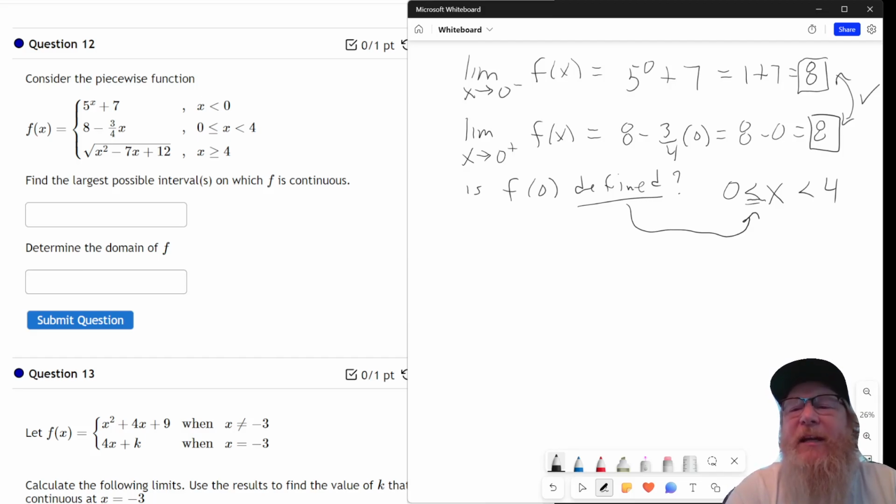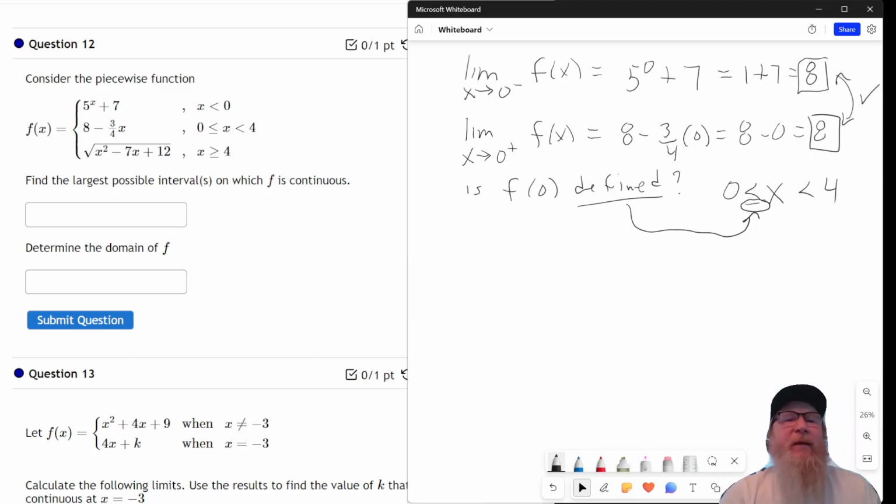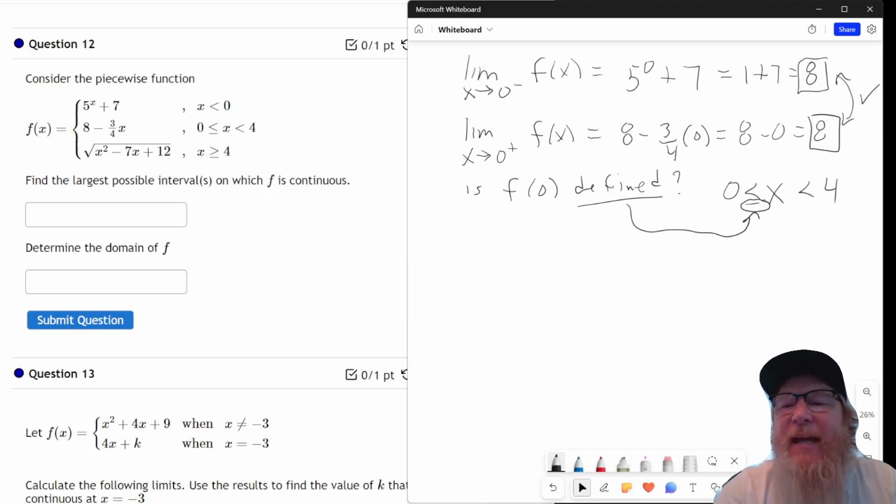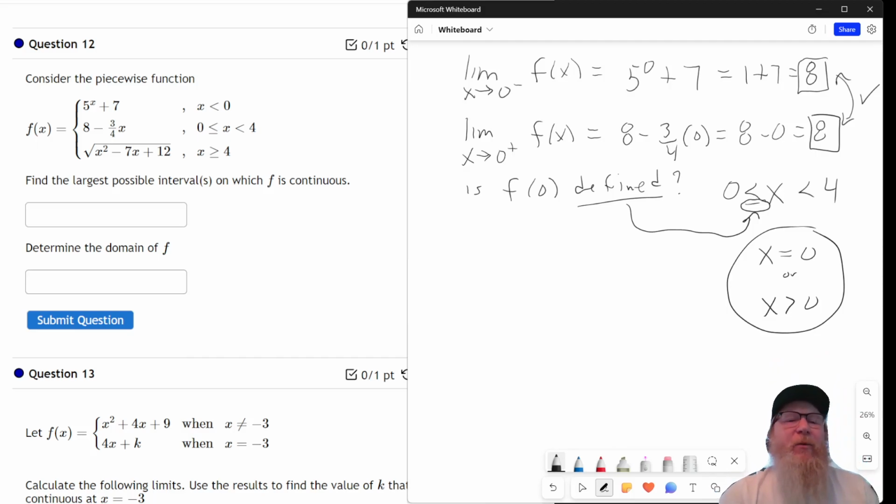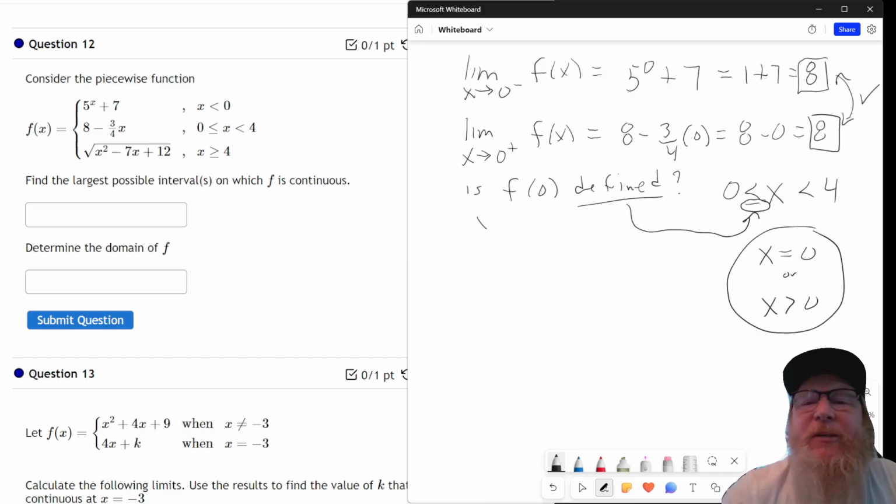Anytime you see or equal to, that means the same thing as x is equal to 0, or x is greater than 0. That's what greater than or equal to means, right? It's like soup or salad. It's one or the other. So the or equal to is defined. It's a valid point on the graph. So yes.